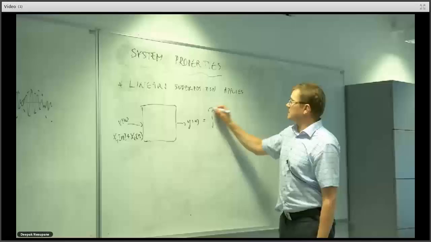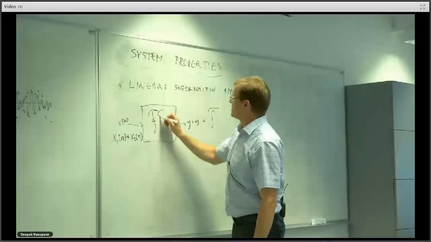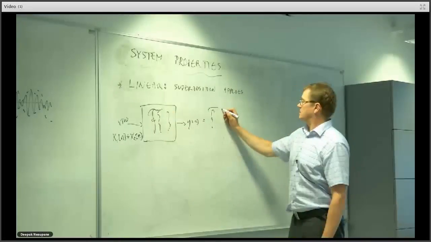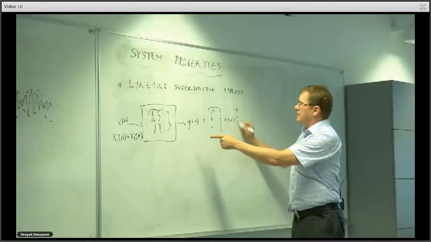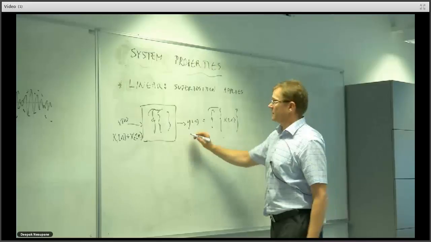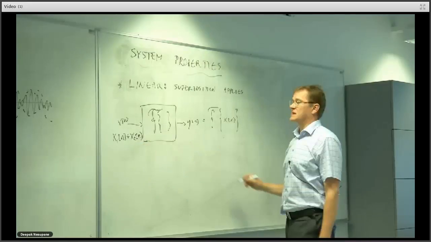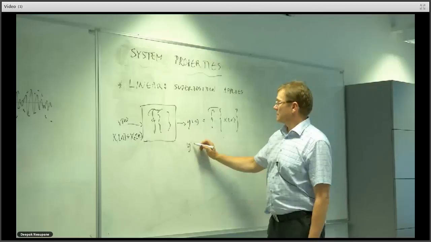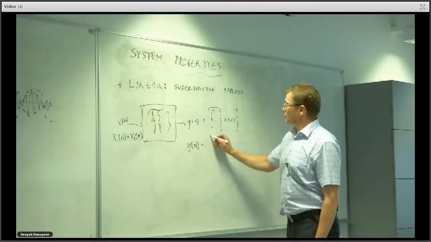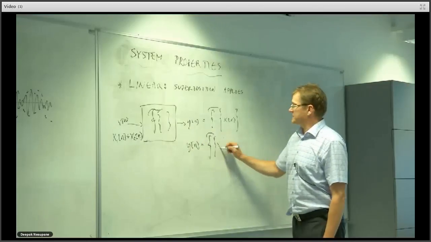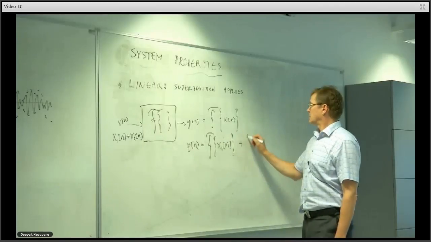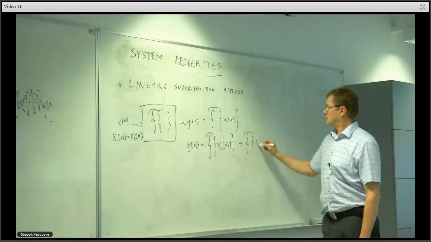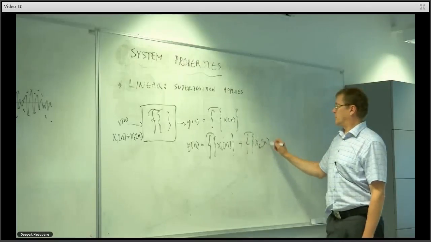So these are 2 different signals. If this is the system function, whatever it does, then if the system is linear and you have just the sum of the signals, then the output would be the sum of the individual outputs. Okay, that's the first part.